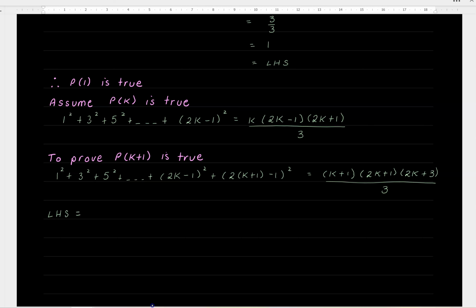Left-hand side. Everything up to here, that was PK. So I can replace that with what we said PK equals. That's exactly what I'm going to do. I'm going to say that's K times 2K take 1, 2K plus 1, all over 3.